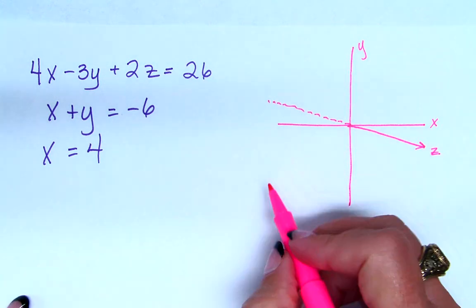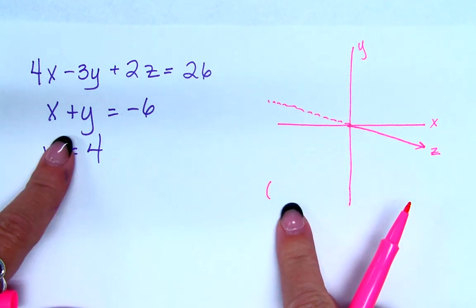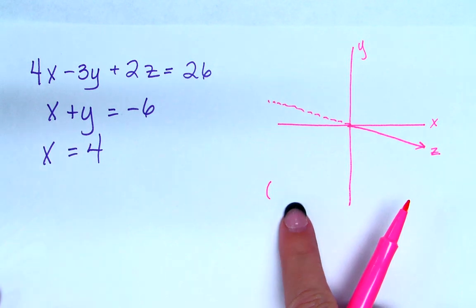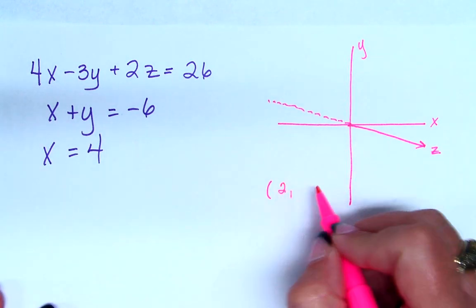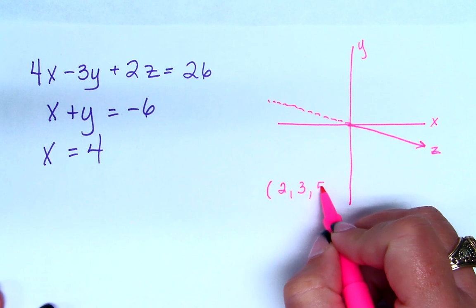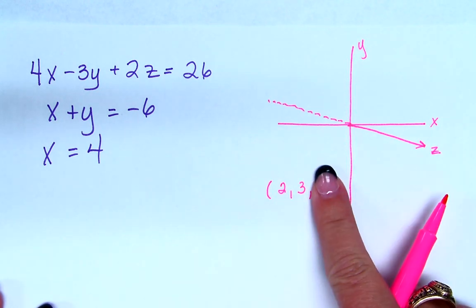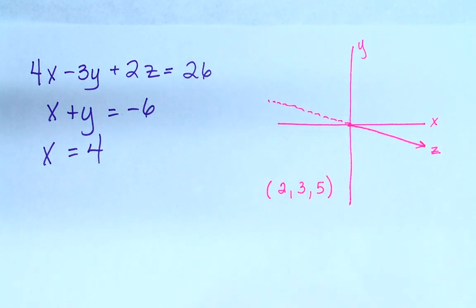So if I was plotting the point, isn't my solution to a system of equations still a point of intersection? Even if there's three dimensions, wouldn't it be like this? 2, 3, 5. What did we call this? An ordered pair. Guess what this one's called?